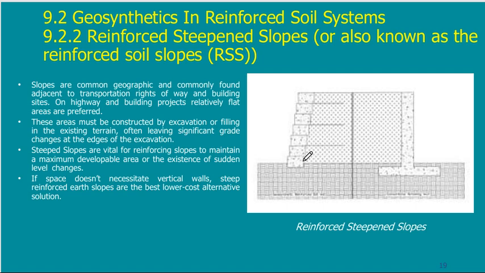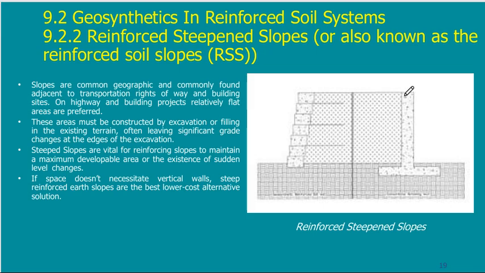This reinforced soil earth would be okay. Why? Because for shallow depths, the cost of reinforced concrete is not very high. The problem starts with having walls more than 4 meters, 5 meters. Here the price increases sharply. In this case, this system will be much better.